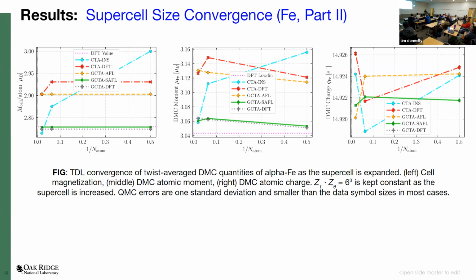So the magnetic moments were the key, but yes, we have looked at other observables such as the charge density and the Fermi length, etc. Overall, all of the observables that you can get with CTA seem to be okay with this new GCTA, because they have charge neutrality, you don't need any post-processing, and everything seems to be coming out very well aligned so far.